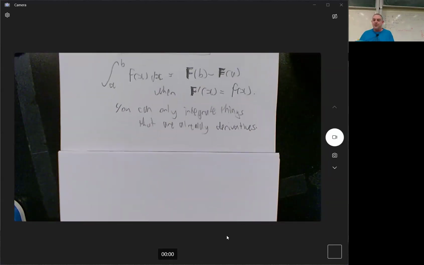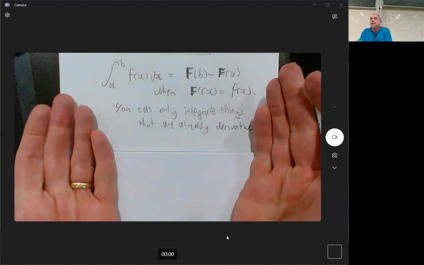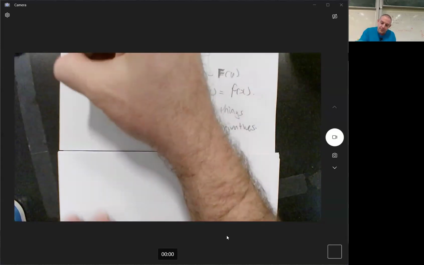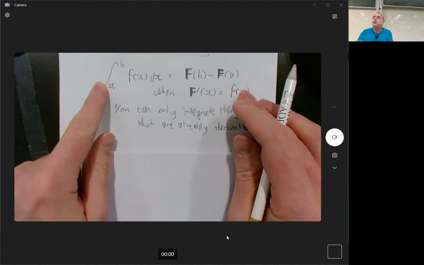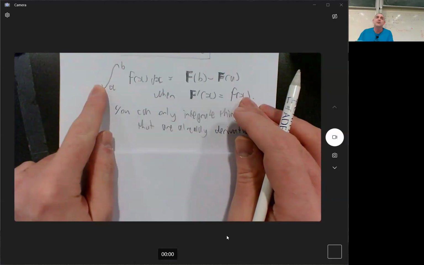The other half of the fundamental theorem of calculus kind of waters down my point because it says every continuous function is in fact a derivative of something. I'm going to write it down. This is part 2 of the fundamental theorem of calculus.